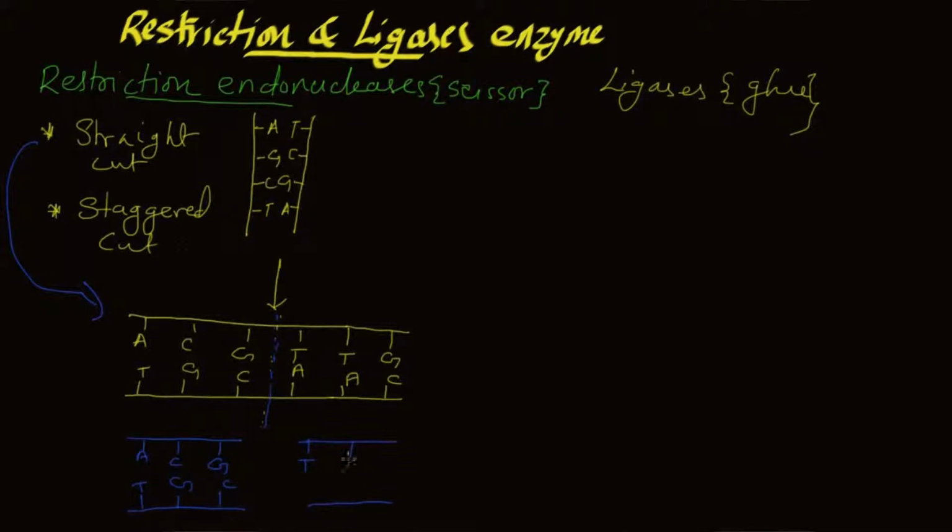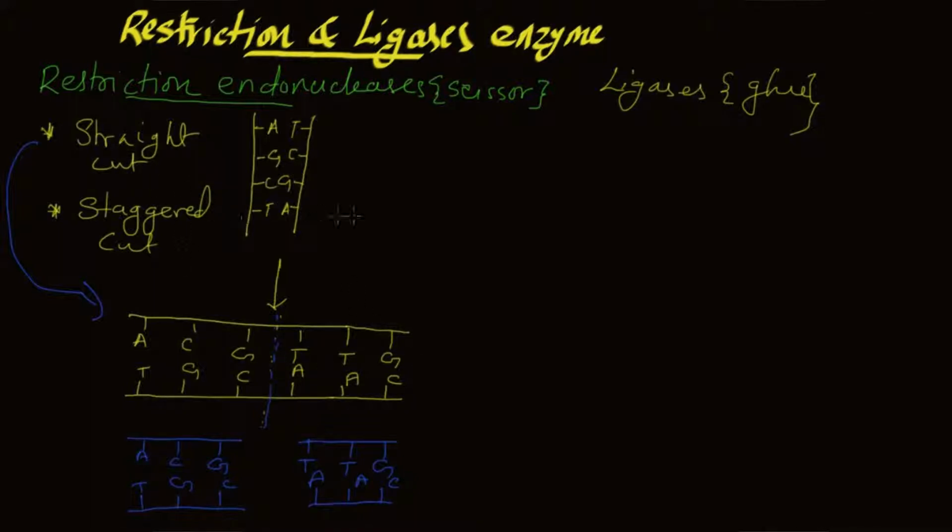You'll get here T and G, and here you will be getting A and C. Understood? So they are separated. Alright, then you can use any of these base sequences for sticking into the plasmid of a bacteria so that the bacteria can produce the desired product. Okay, so this is for the straight cut restriction enzyme. It works in straight cut.